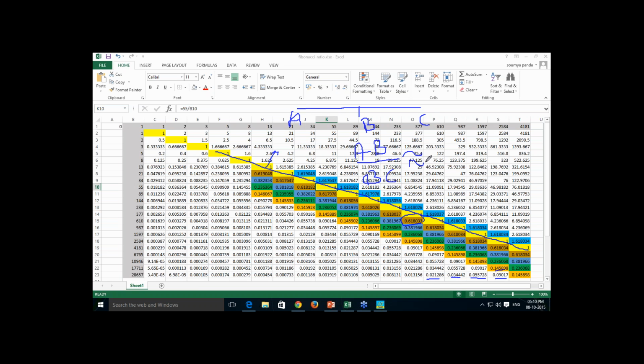It is exactly in the proportion of AC divided by... sorry, AC divided by AB. So this is also one proportion to 0.618 times of AB. So what does it mean?